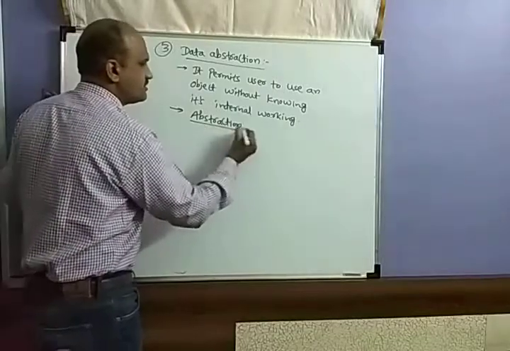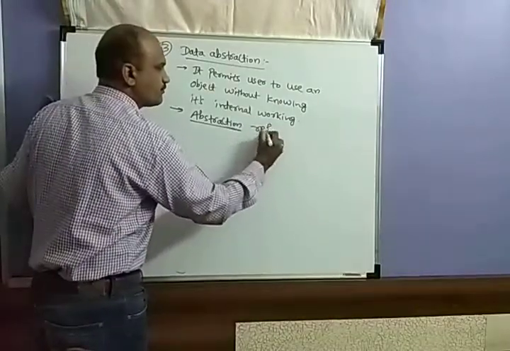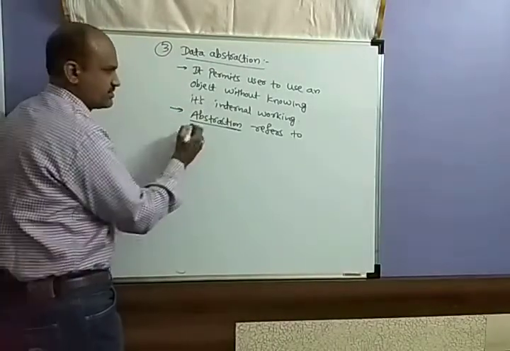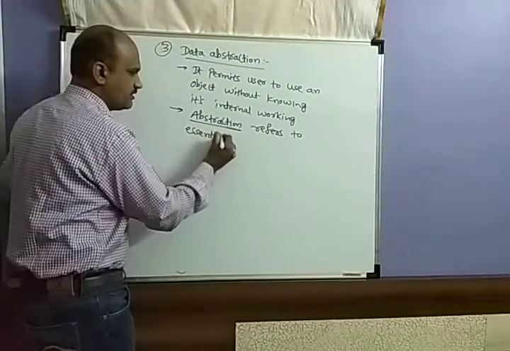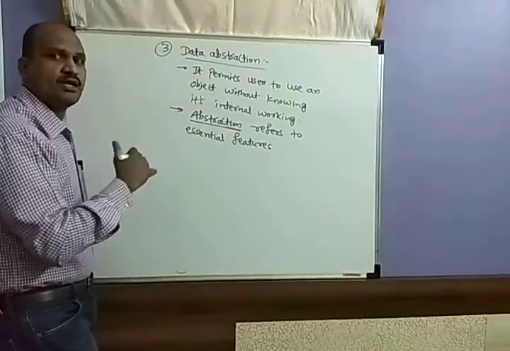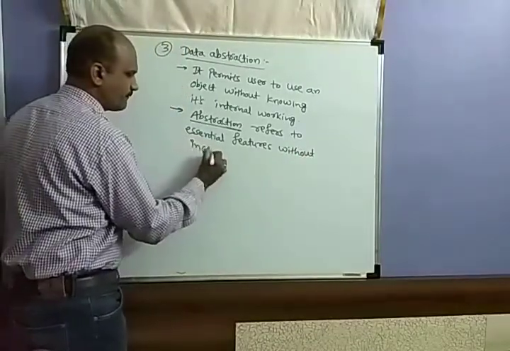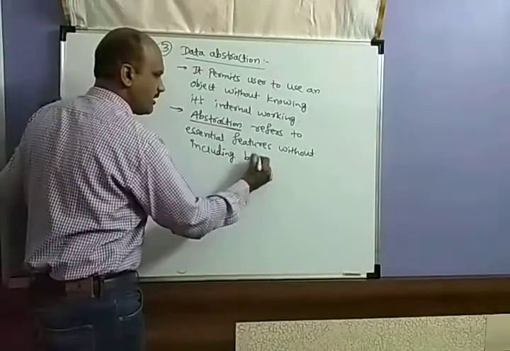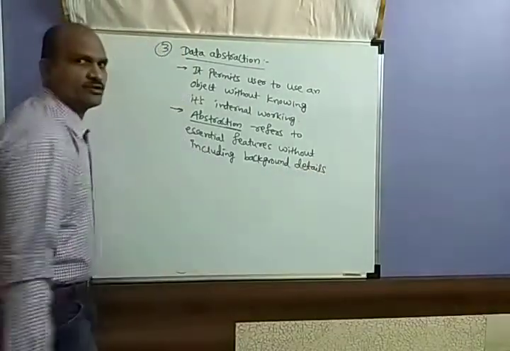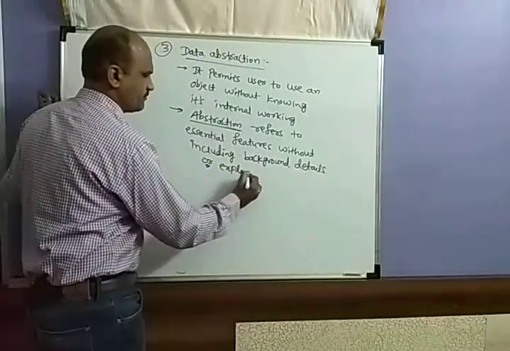So the main definition of data abstraction is this: abstraction refers to the essential features, without including the background details, or we can call them explanations.